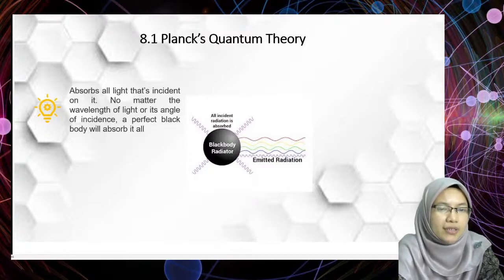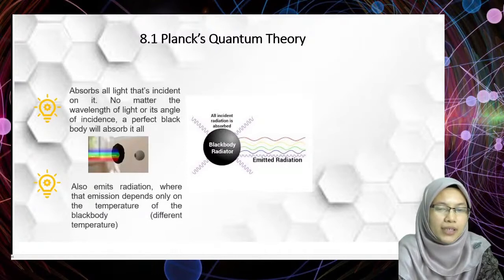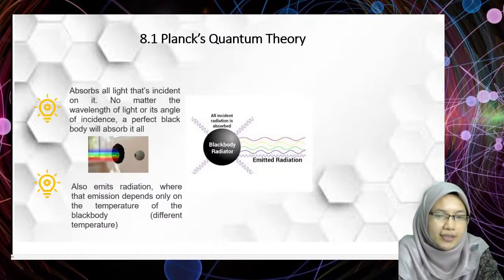Another property of the black body is that it also emits radiation, where that emission depends only on the temperature of the black body. Or we can say that the emission occurs at different temperatures.